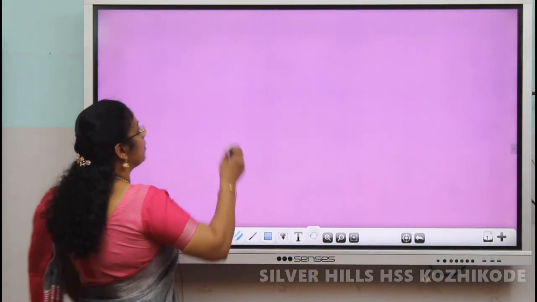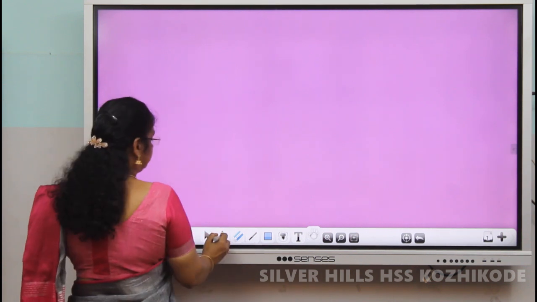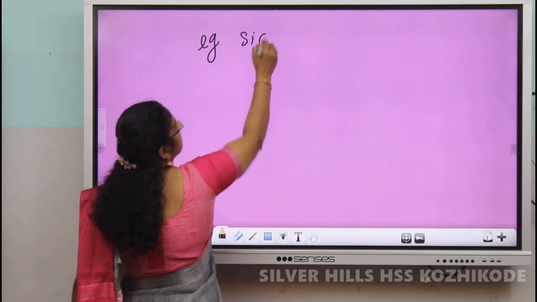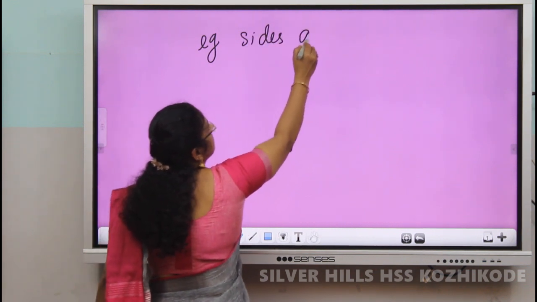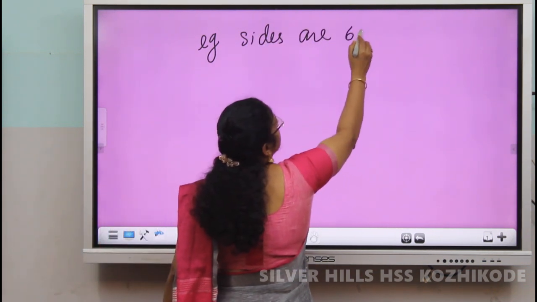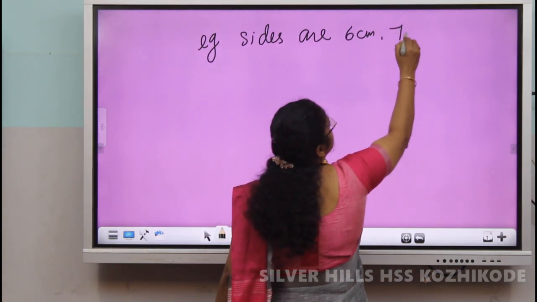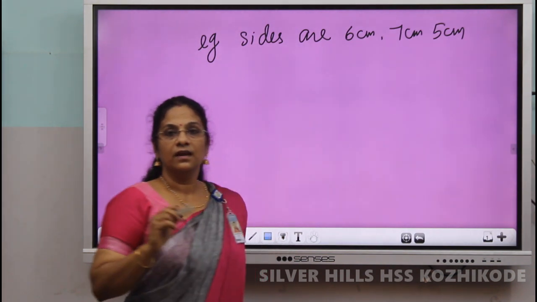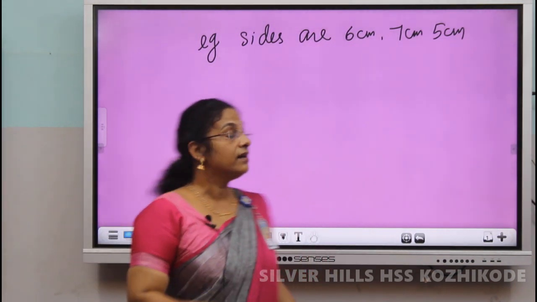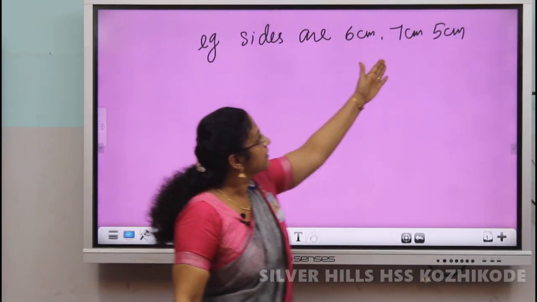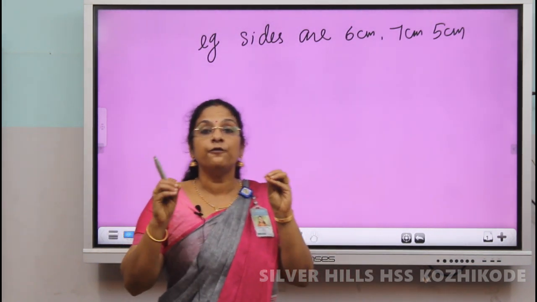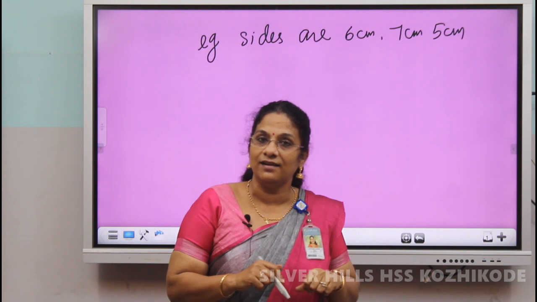Three sides. Suppose for example, the sides of a triangle are 6 centimeter, 7 centimeter and 5 centimeter. In how many different ways can we draw this triangle?